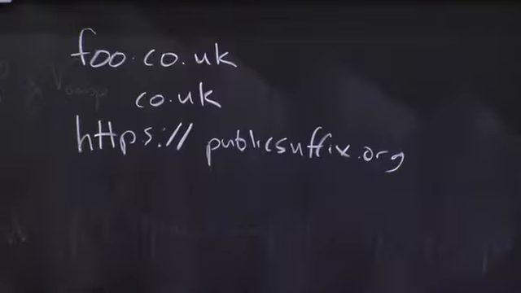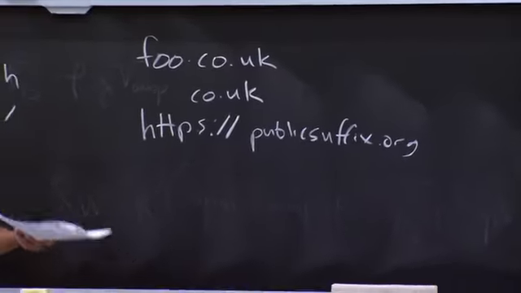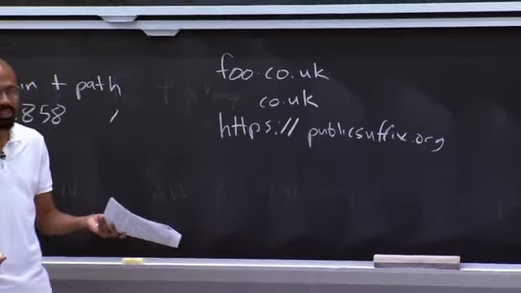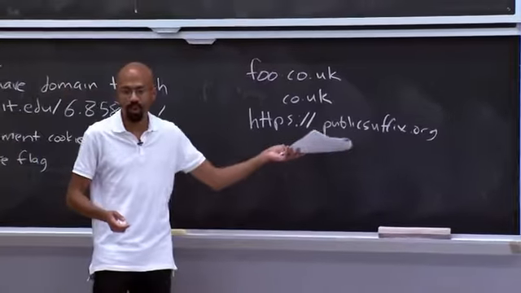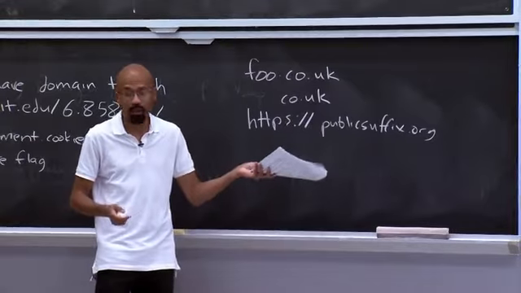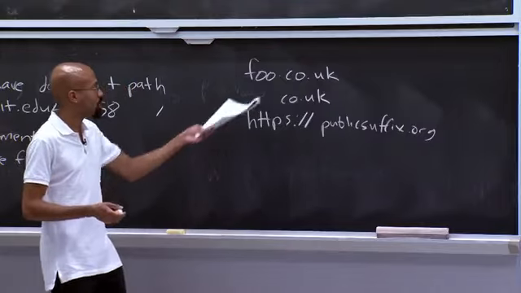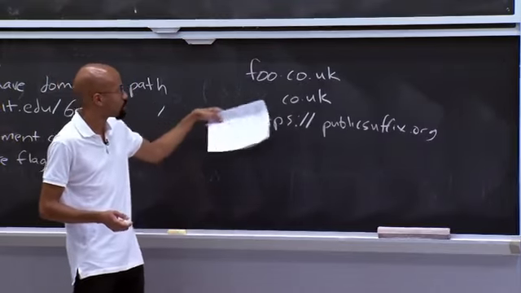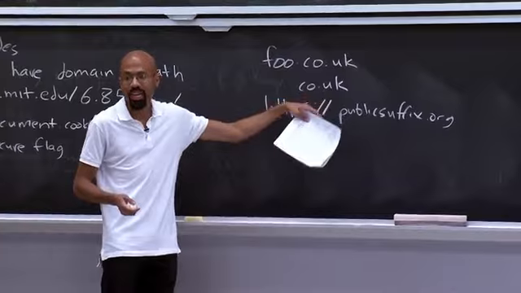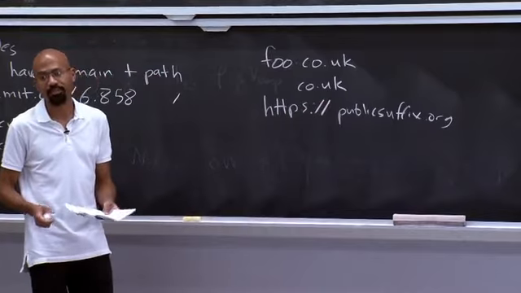When your browser is figuring out how it should do all these various cookie manipulations, it's going to consult this site, or have it baked in somehow, to make sure that foo.co.uk can't just shorten its domain to co.uk and then perform some chicanery.